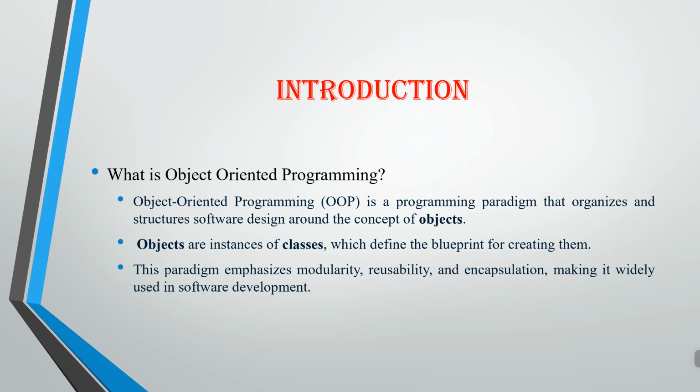In other words, if I say, what do you mean by an object? Object is basically a variable, but the variable contains multiple information. What is that information? This information is defined in classes. That's why we call classes the blueprint. For example, if I want to define employee as an object, I need to define a class.